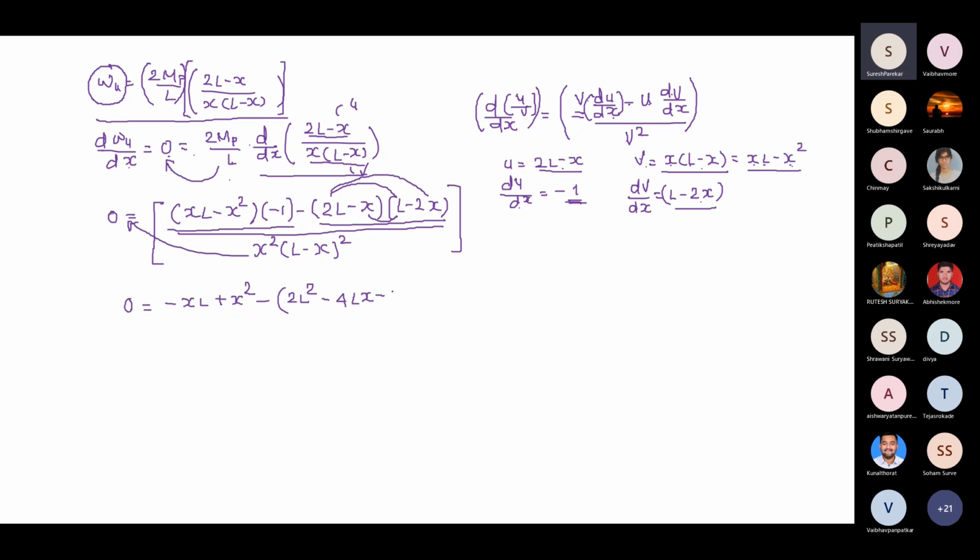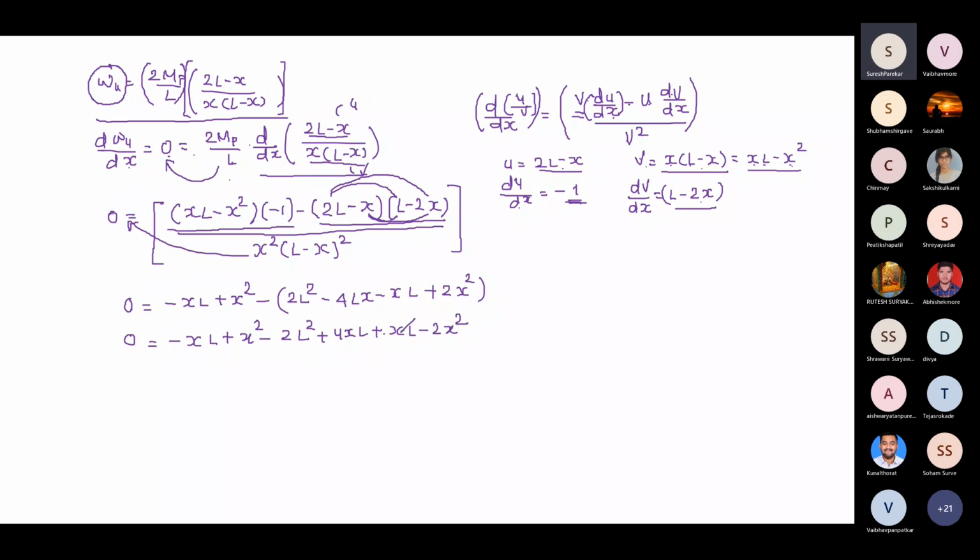So we have minus xl, minus x into minus 2x, so we have plus 2x². And then if we solve this again: minus xl plus x square minus 2l square plus 4xl plus xl minus 2x square.